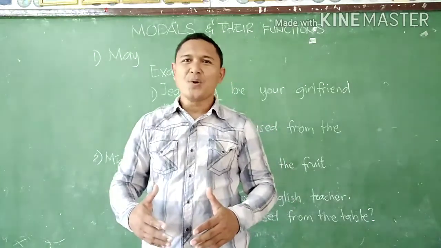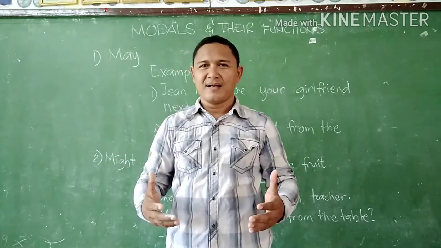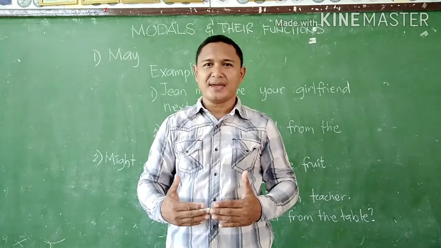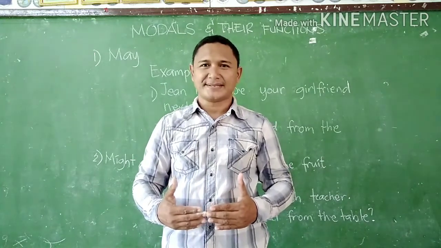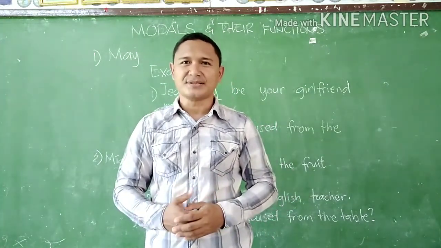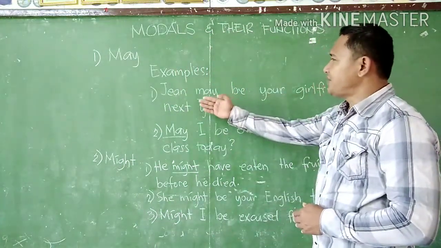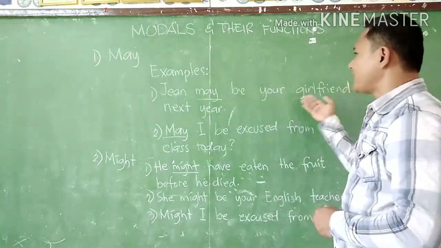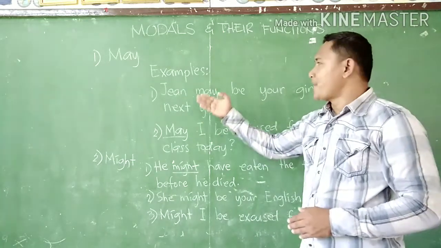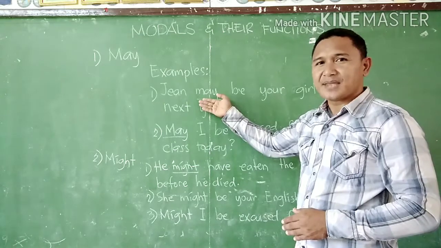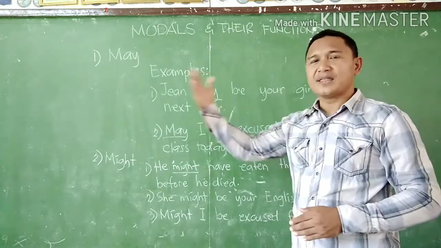This time, we're going to compare the usage and the functions of may versus might. These are the functions, looking at the examples. Jean may be your girlfriend next year. May here shows possibility in the present or in the future.